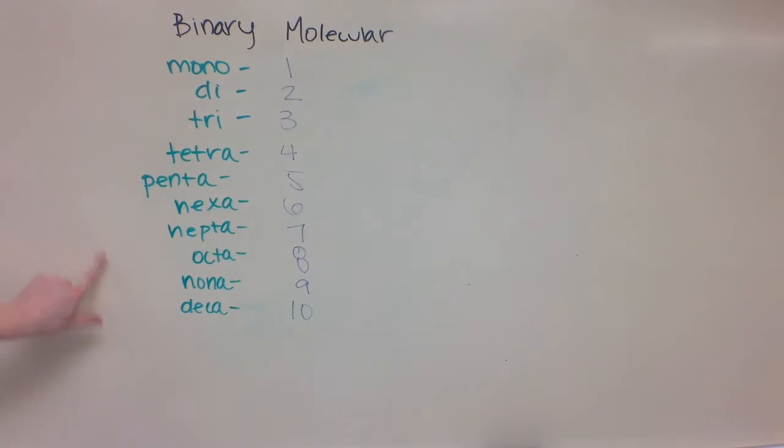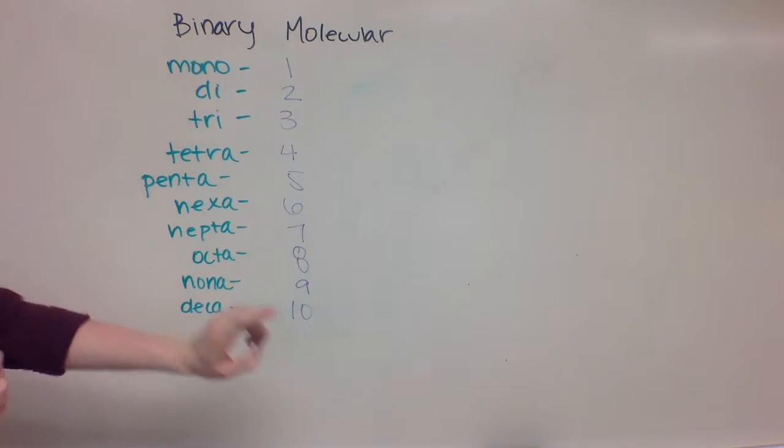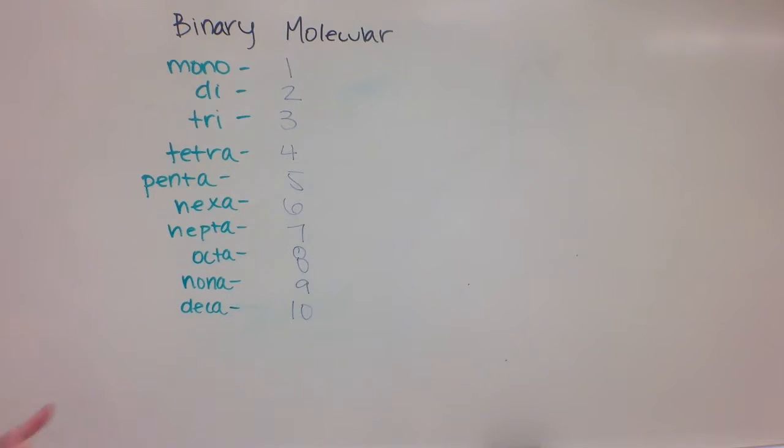Now, there is a lot of them, and they're on page 281 in your book. But they're pretty easy to remember if you just think of the shapes. They are important to know because when given a name of a binary molecular compound, the prefixes will tell you what subscripts you need to use.